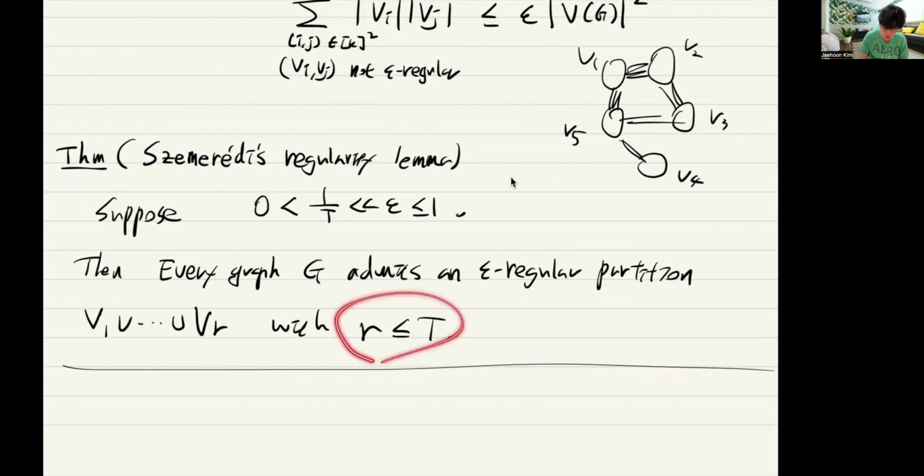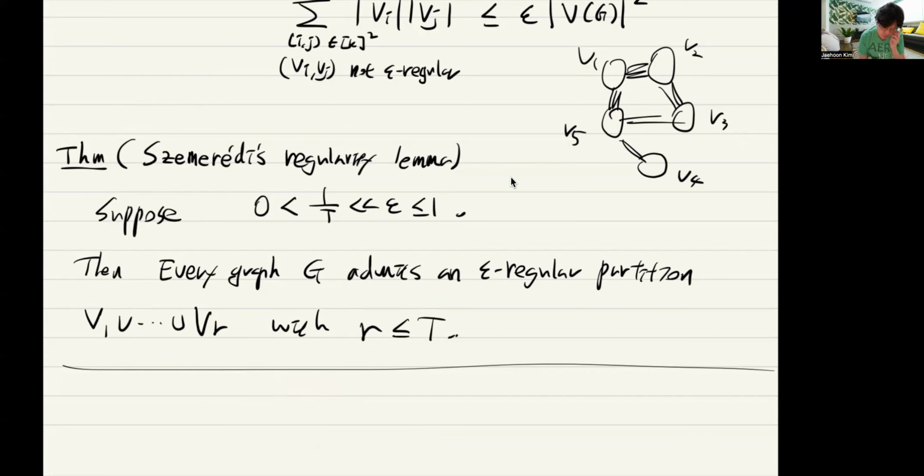So this bound on the number of parts is important. If there are no bounds, then it's trivial that you just put one vertex in each part. Then it's either an edge here or a non-edge here, but in both cases, it's an epsilon regular partition. So as long as you have just one vertex and one vertex, then it's an epsilon regular partition for any positive number epsilon. So there is no point. This partition is not useful.